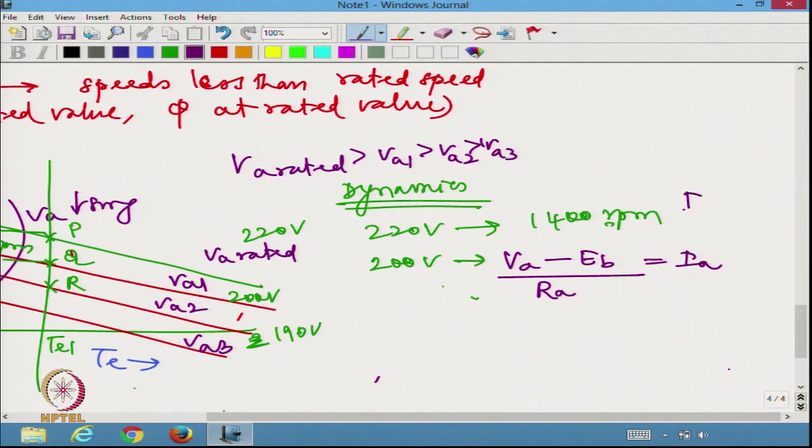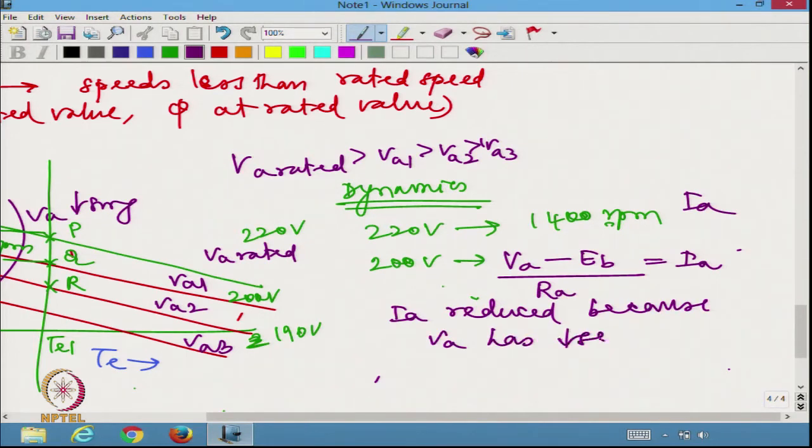So, originally the current was IA. Now, I am going to have IA reduced because VA has reduced. Because of this, torque reduces.